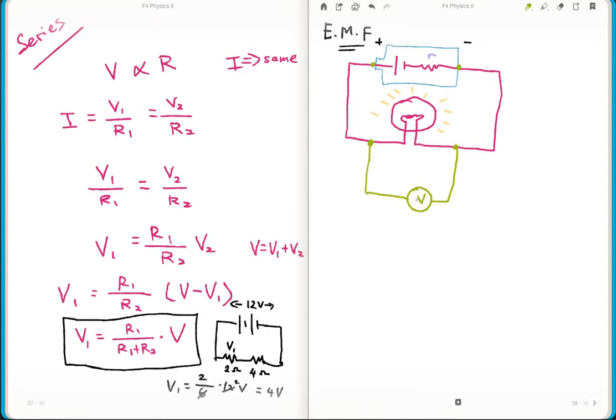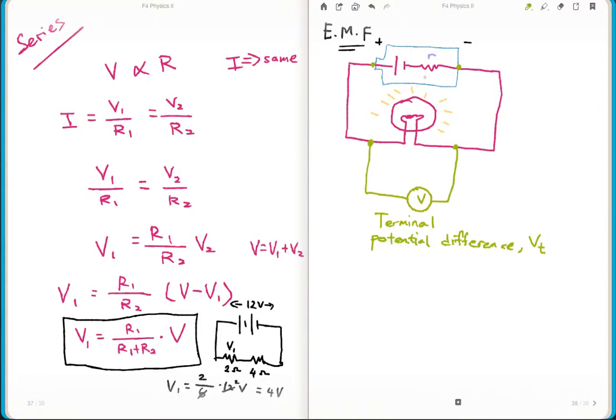They call it the terminal potential difference. This is at the terminal. Terminal potential difference, symbol VT.